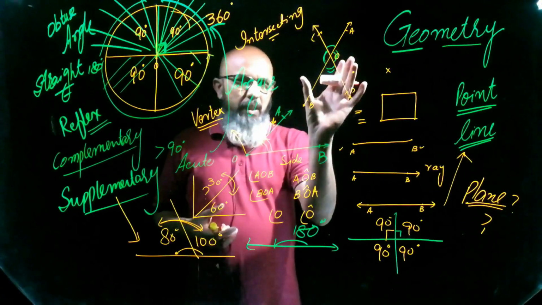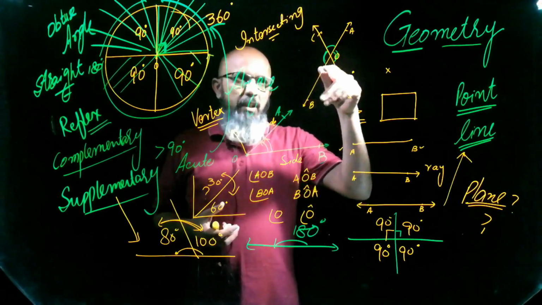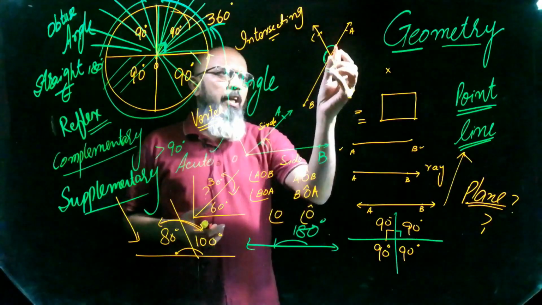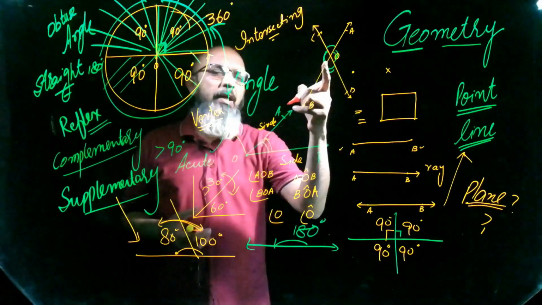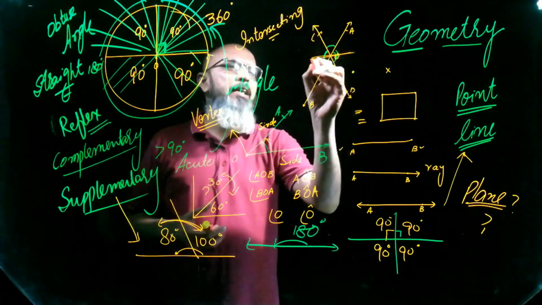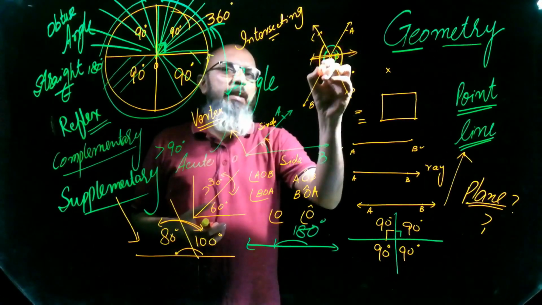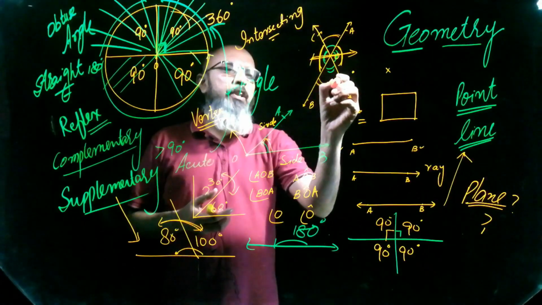Now we study intersecting lines. Let's see the properties of intersecting lines. As I already told you, they make 4 angles. The property of intersecting lines is that the opposite angles are equal. This angle is equal to this angle, and similarly this angle is equal to this angle.